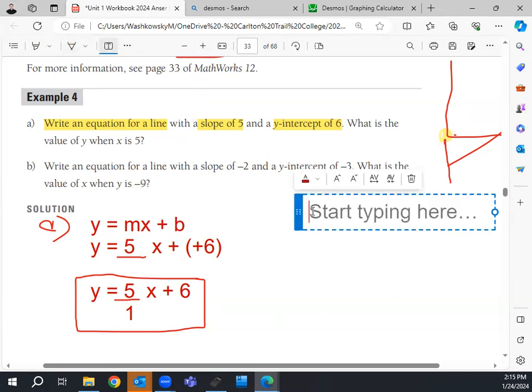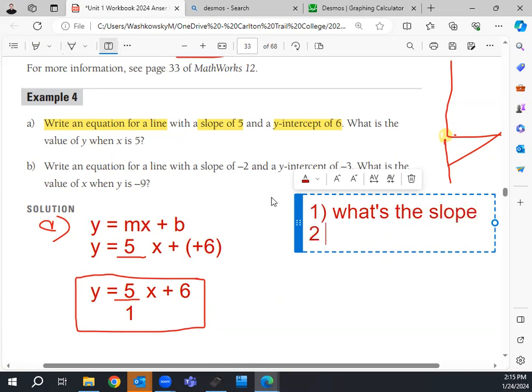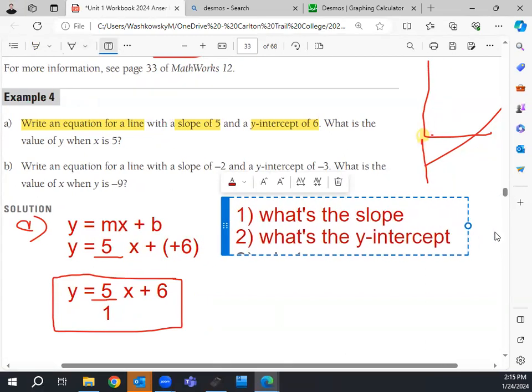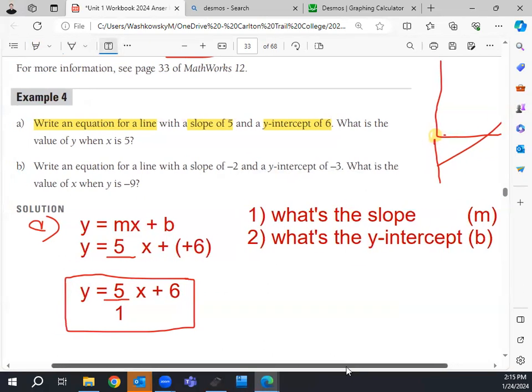And I'm literally going to write that down. What's the slope? What's the y-intercept? That's B, and this one's M. That's all I need to make a full equation now.